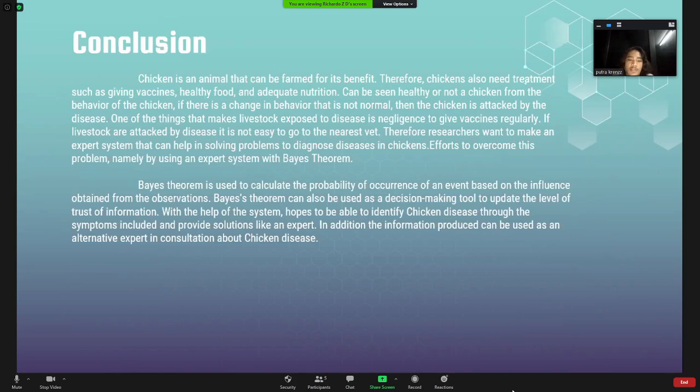With the help of the system, it is possible to identify chicken disease from the same symptoms, and provide solutions like an expert. In addition, the information product can be used as an alternative expert in consultation about chicken disease.